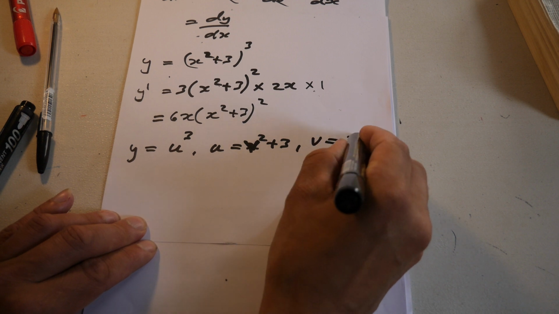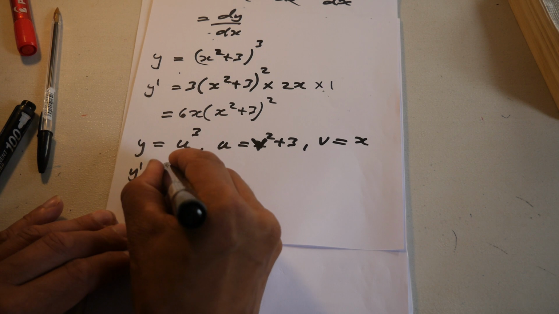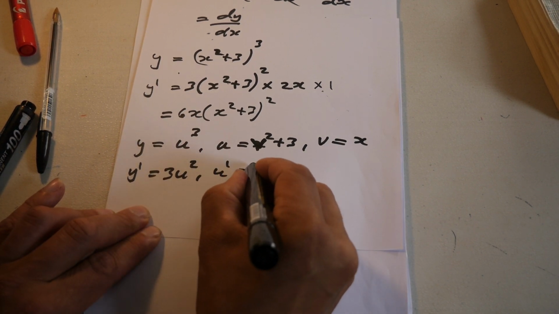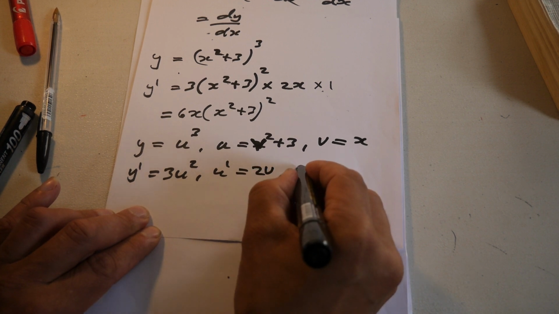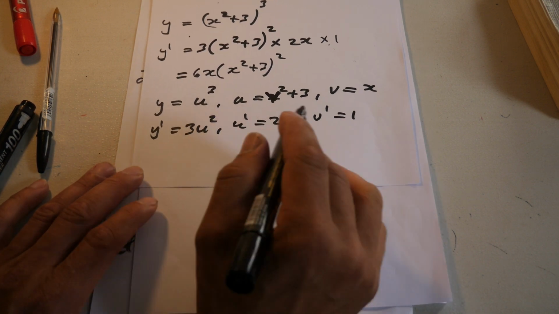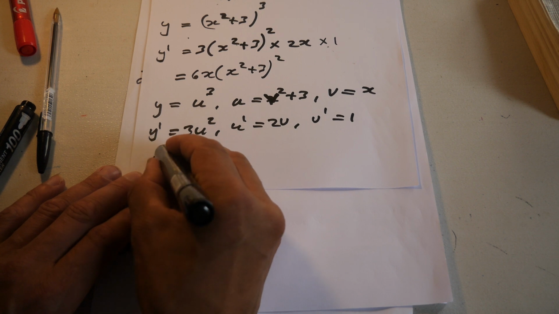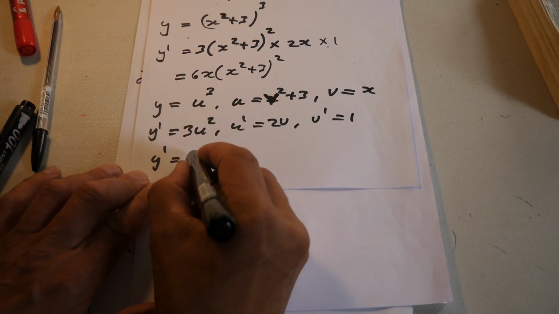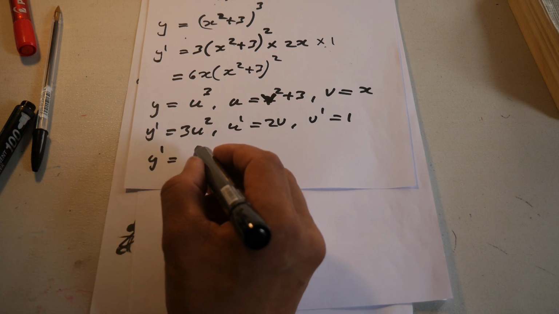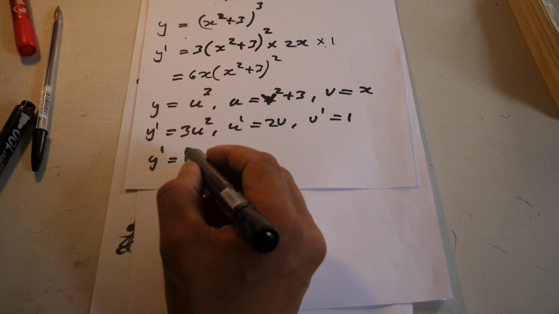And v equals x, okay? So the derivative of y equals 3u squared. The derivative of u equals 2v, and the derivative of v equals 1, okay? So when you multiply all this together, you get y dash equals, what am I doing here?